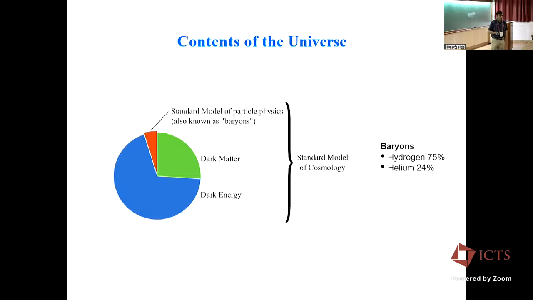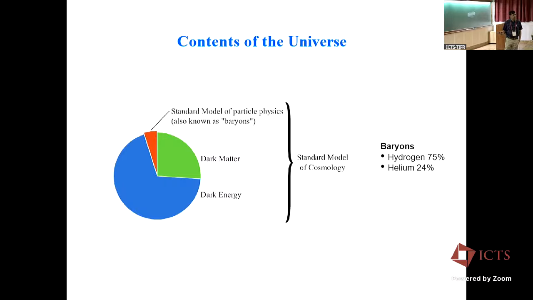Okay, so now we understand this. Moving forward, why are we interested in hydrogen atoms? If we see the energy budget of our universe, you might have seen this picture already.